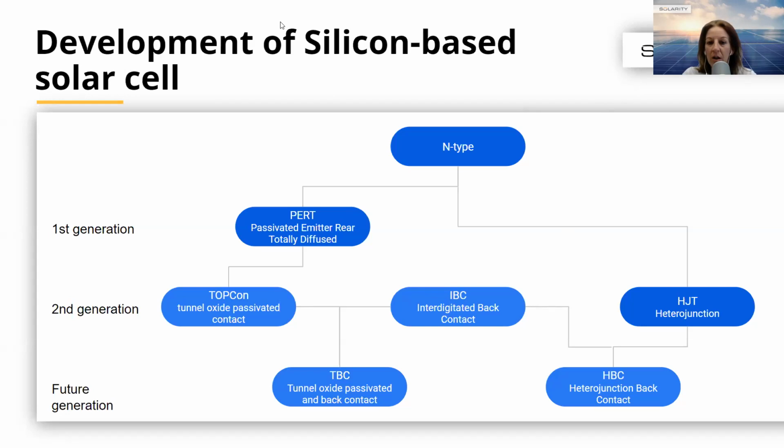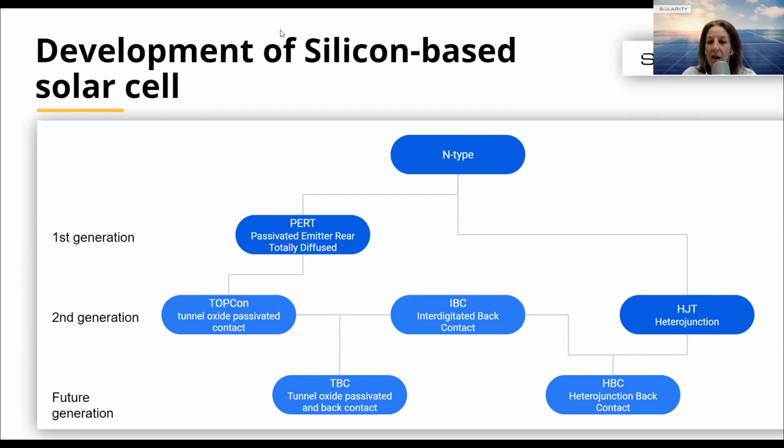And slowly, from the picture, you could see what should happen next: everything from now will be based on N-type modules, and then it depends where it will go, how it will shift, if the company will decide to go to Topcon or to heterojunction.